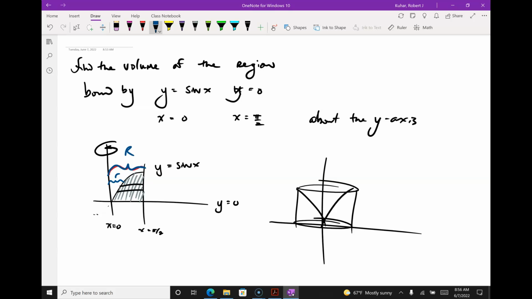So from the axis of revolution to the end of the rectangle, from the axis of revolution to the beginning and end of a rectangle, far right, far left, that type of thing. But I have to keep things positive, so I want to make sure that I write that R is 1 minus 0. Capital R is 1 minus 0.